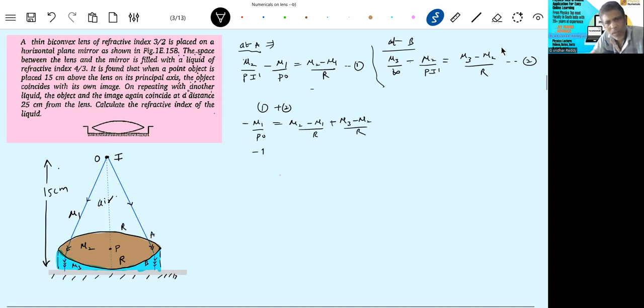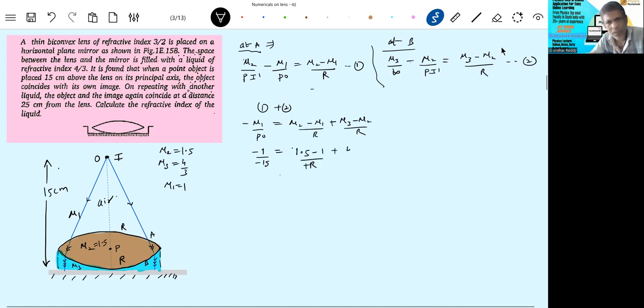u will be minus 15, mu1 is 1. Refractive index mu2, how much? 1.5. The value of R should be positive.